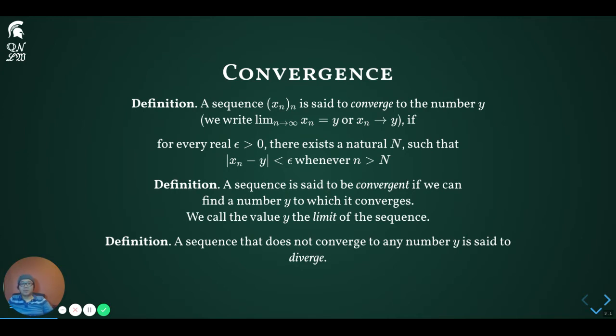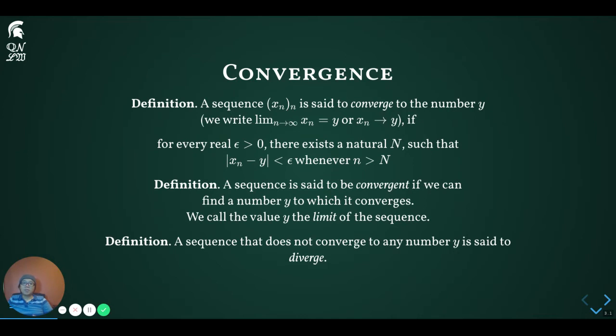When this happens, we write in notation that the limit as n goes to infinity of x sub n is equal to y. Or sometimes we use the shorthand x sub n goes to y with an arrow pointing from the sequence to the value.